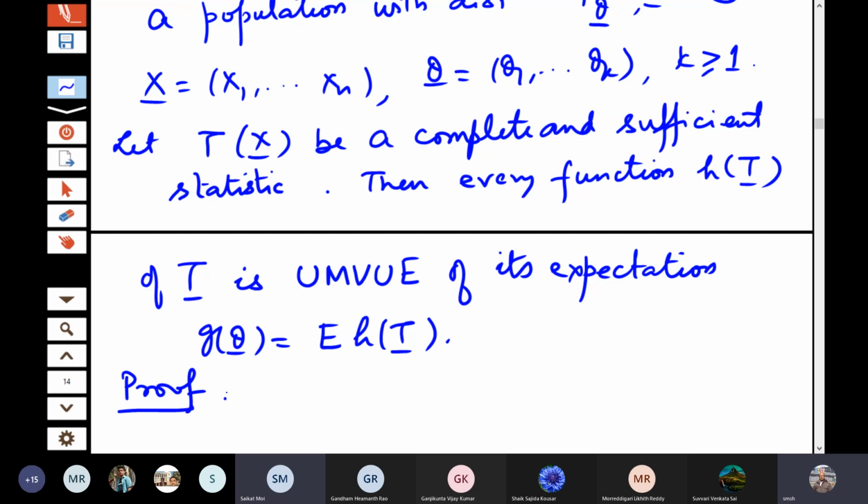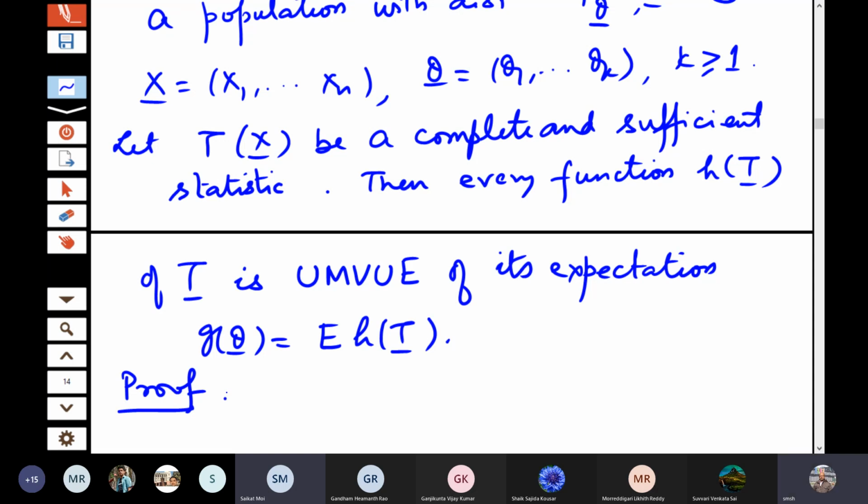The complicated method of Rao-Cramér lower bounds or other lower bounds is not required. Chronologically, the lower bound results were proved in 1945, 47, and this came in the 1950s, so the development is in the same order.